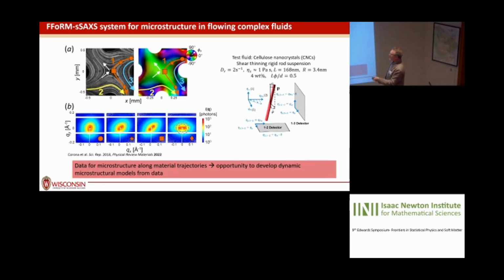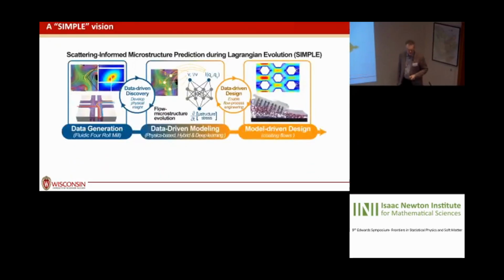And so we've got data for microstructure along these Lagrangian trajectories. In principle, you can do this for lots of different Lagrangian trajectories. So you have a lot of data to work with to connect the flow to the microstructure. And that's what we're aiming to do.